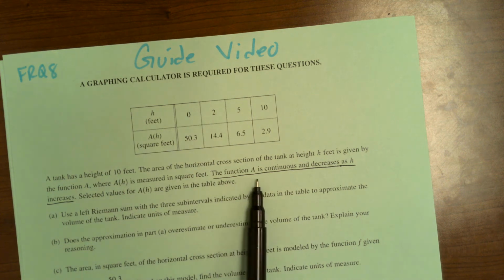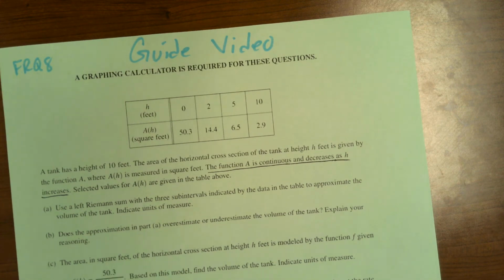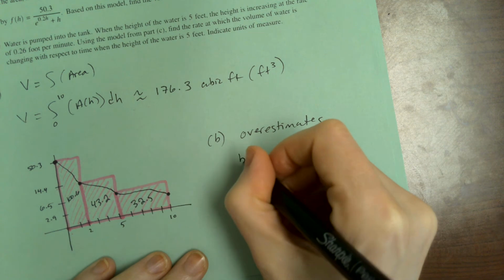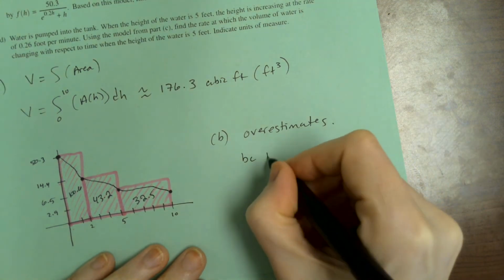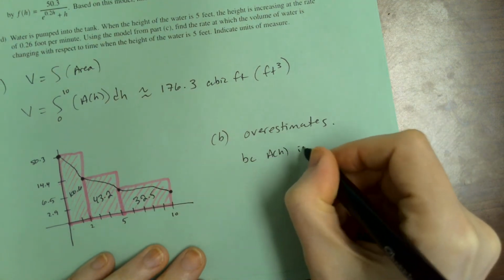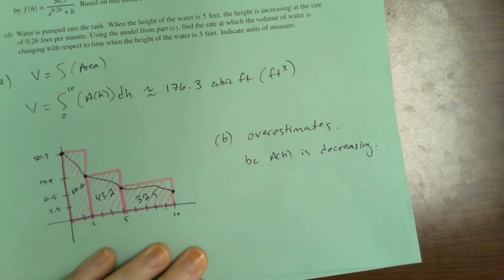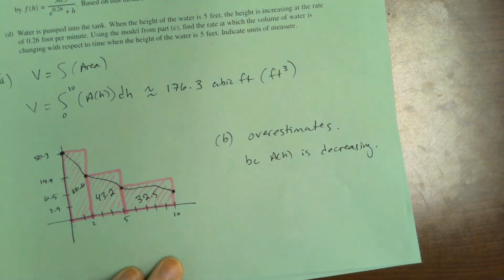And they told you here the function is continuous and decreasing. The case is that, guys, a left Riemann sum is going to overestimate if the graph is decreasing. So I'll say overestimates because a of h is decreasing. Okay, so that's part B.